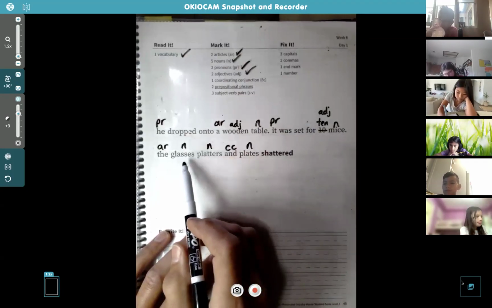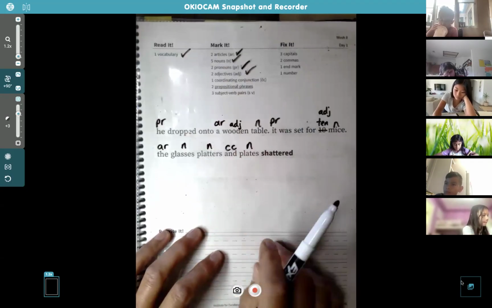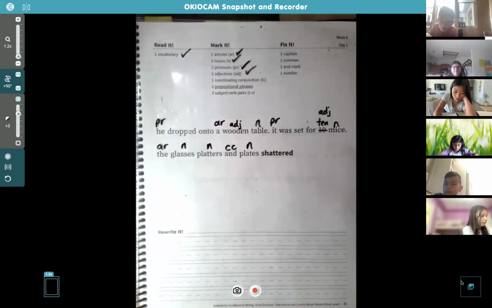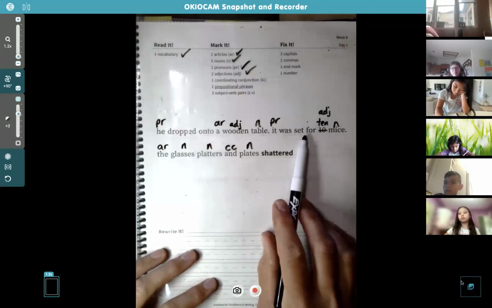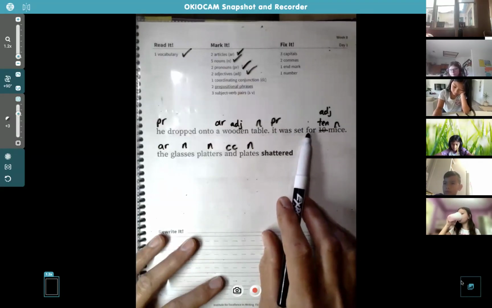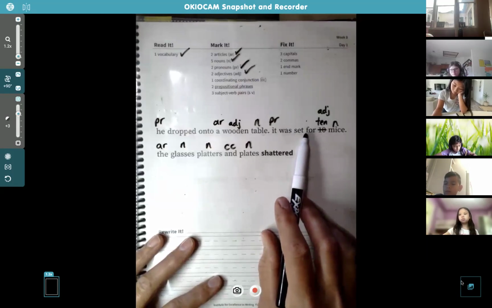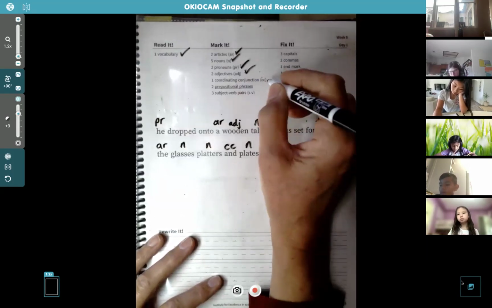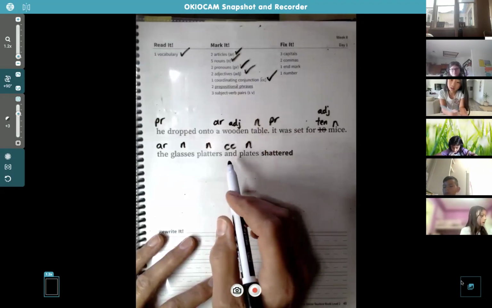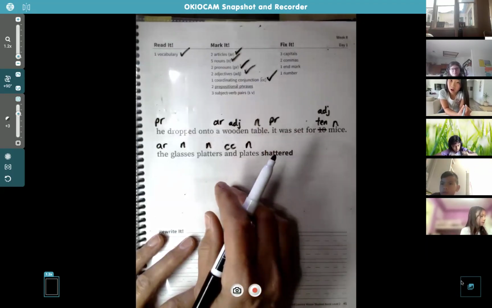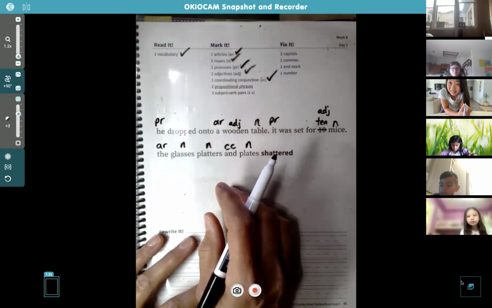Like here, we've got glasses, platters, and plates. It's connecting those nouns together. So sometimes for functions as a preposition, and that's what it's doing here. So just wanted to point that out. And you're right, and is the CC for this part. I kind of gave away one of the prepositional phrases, but we'll come back to that.